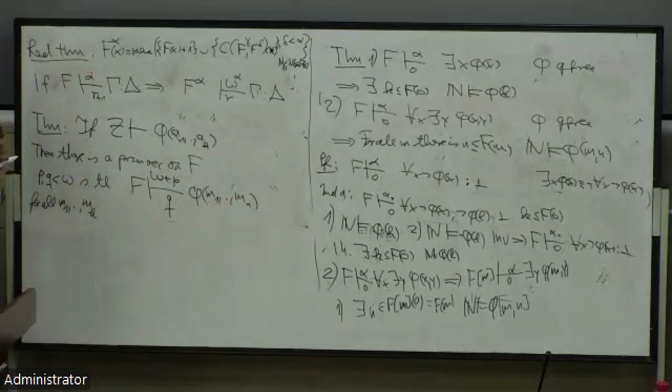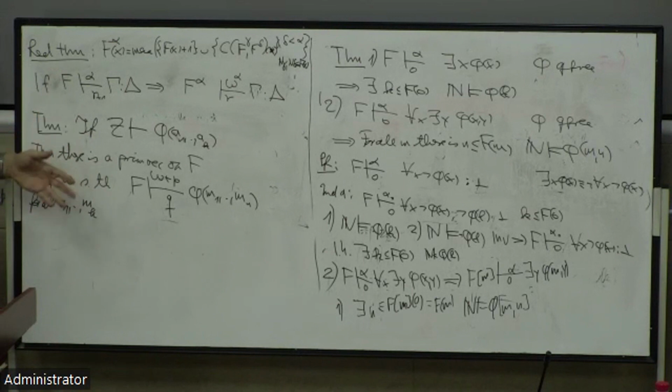That is the so-called embedding theorem. Now, this requires a certain amount of time. One can do this, but this is a sort of routine argument. The only non-routine argument is the treatment of complete induction.